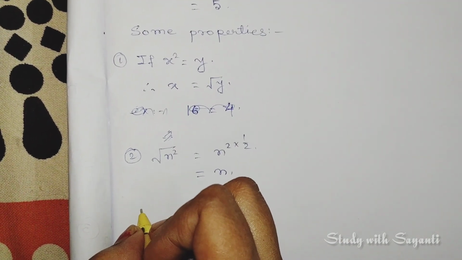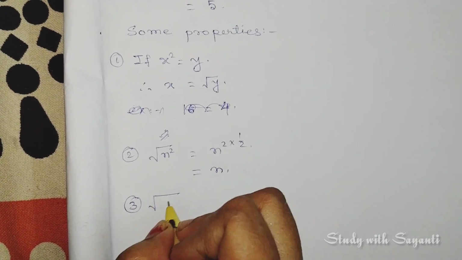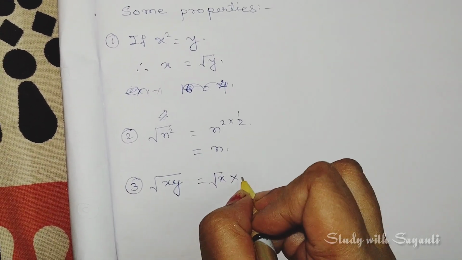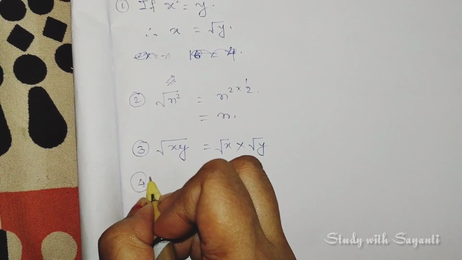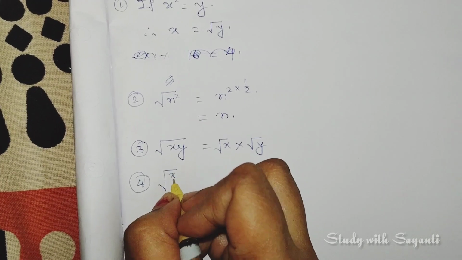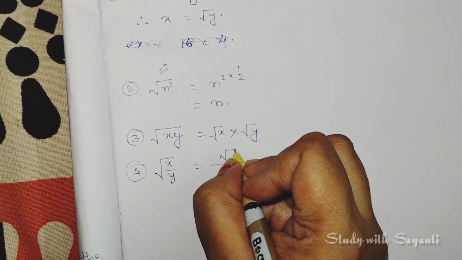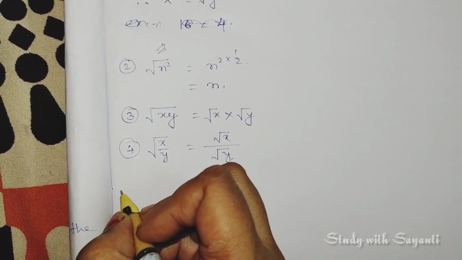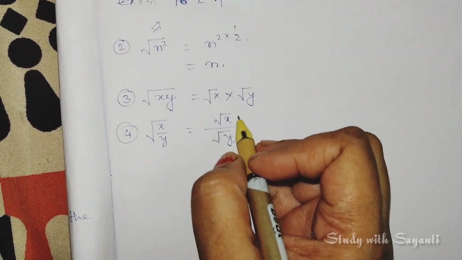Third property: root over xy equals root x into root y. Now the fourth property: root over x by y equals root x by root y. So here are four main properties.